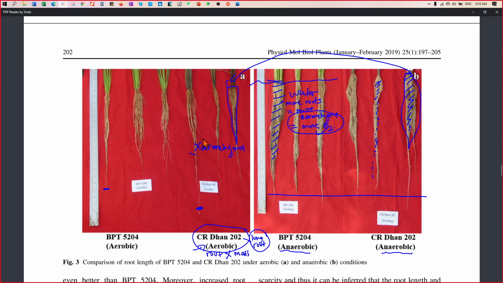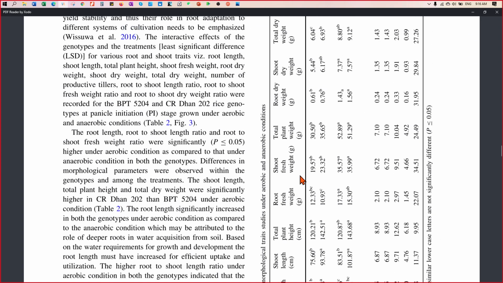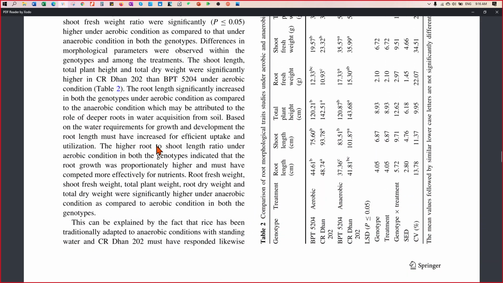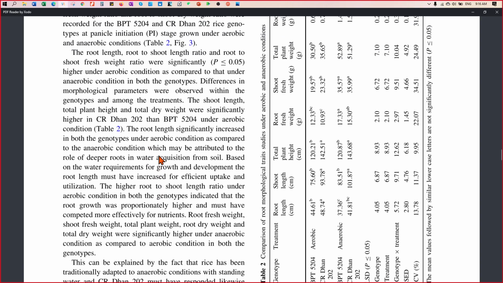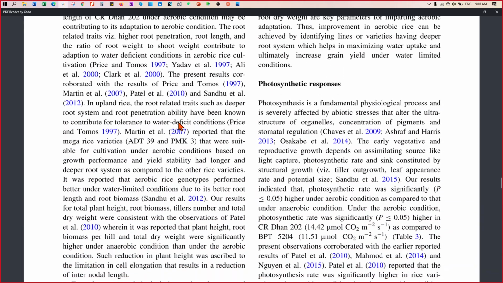The root can breathe on its own, easily. So that's how you make the connection and make the discussion. Whatever I said, I'm sure they have mentioned somewhere in the text. We don't have time to go through everything, but pretty much what I said has been mentioned in the text.